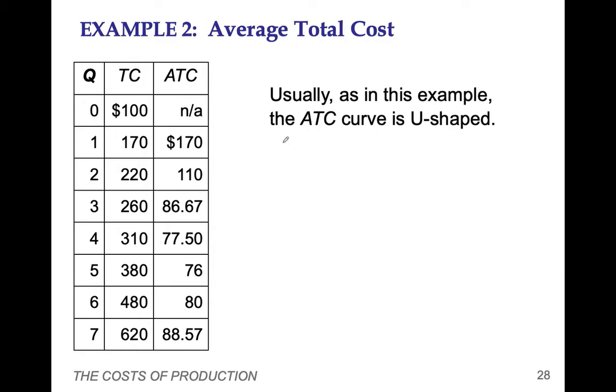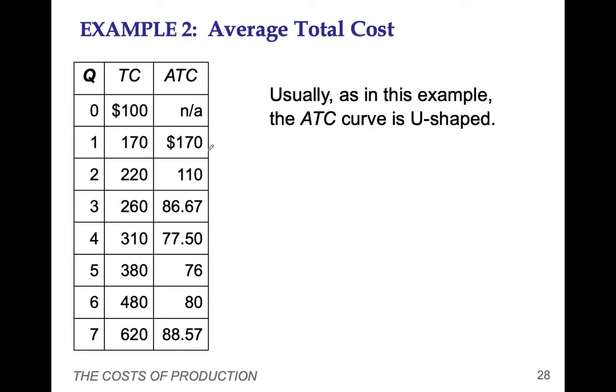So you see here, in this table, we compute the average total cost. For the first unit, the average total cost is 170, then it is 110, then it is 86.67. For the fourth unit, it is 77.5.